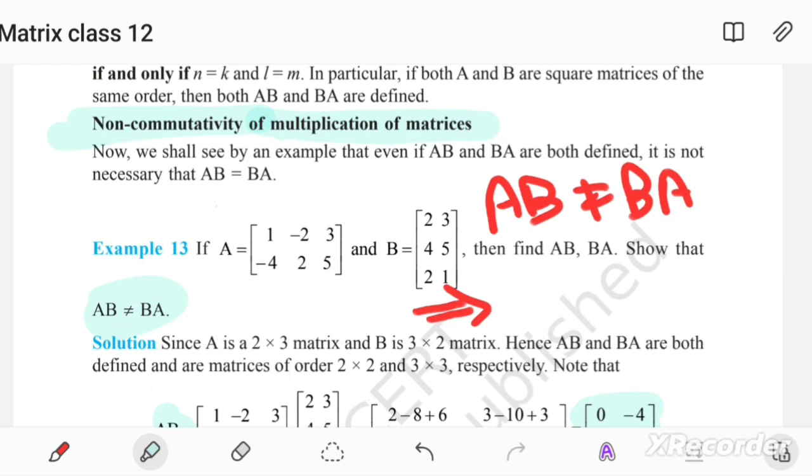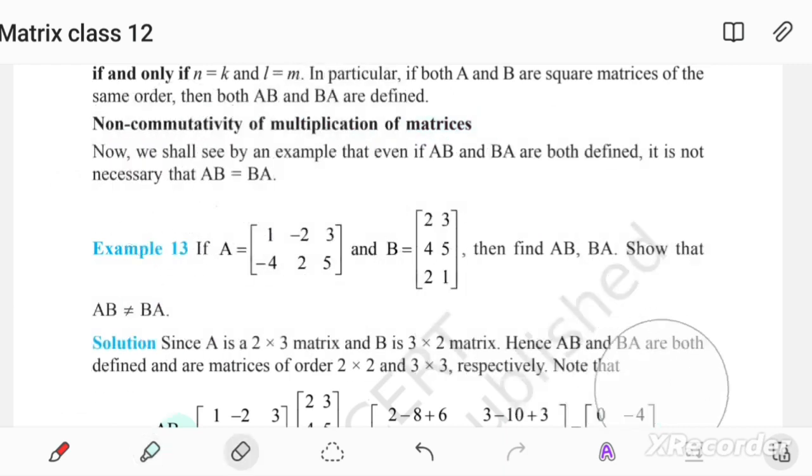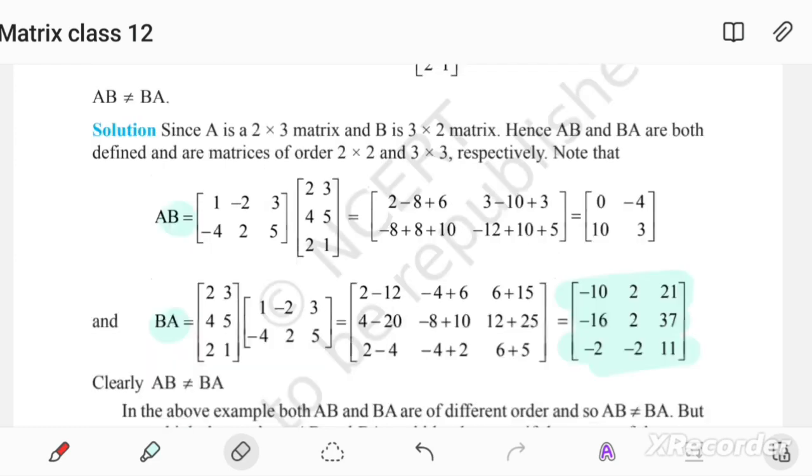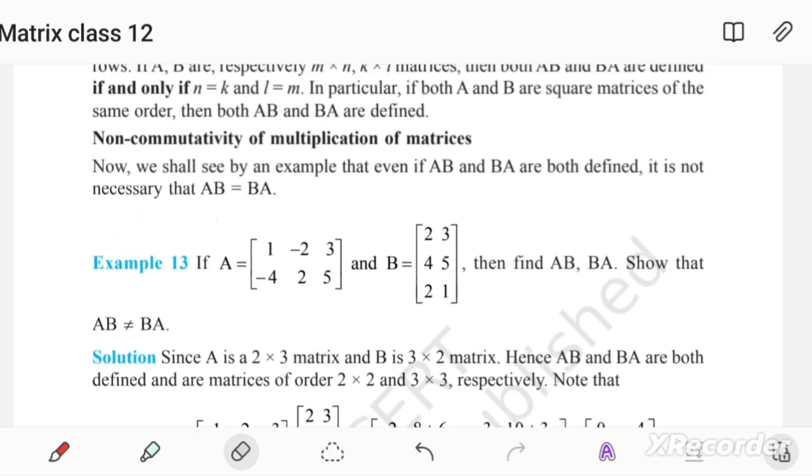Now one question arises: whether this law of commutativity never holds in the multiplication of matrices. No, this is not so. Sometimes it holds, sometimes it does not. When does commutativity hold in matrix multiplication? It holds in the case of inverses, when the matrix given to us is an invertible matrix.